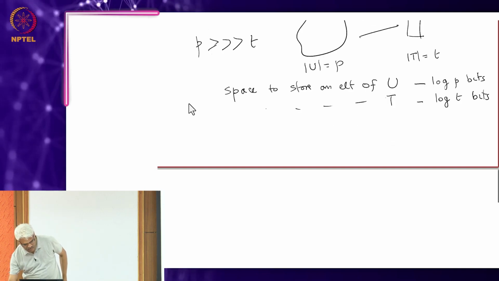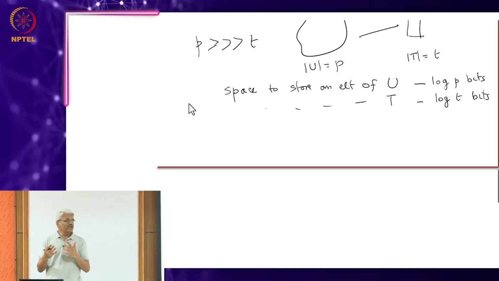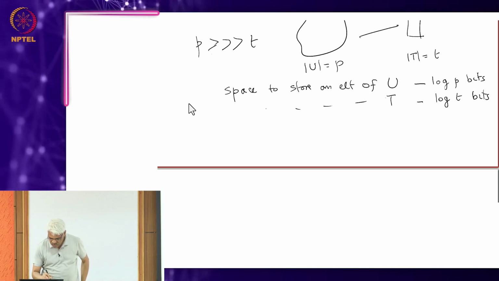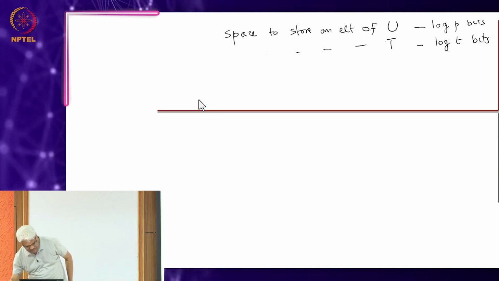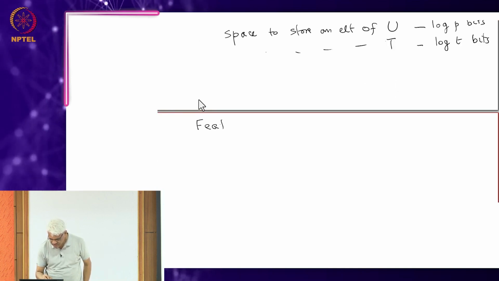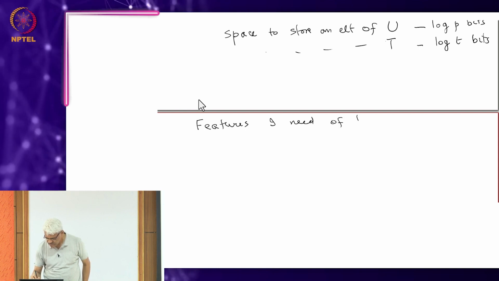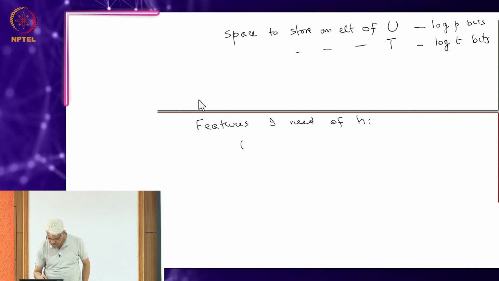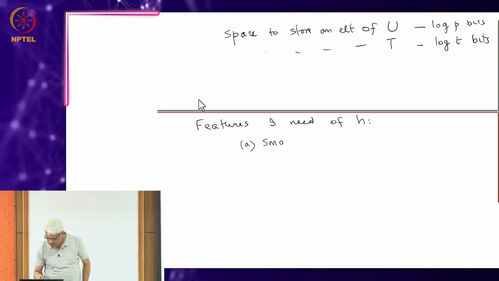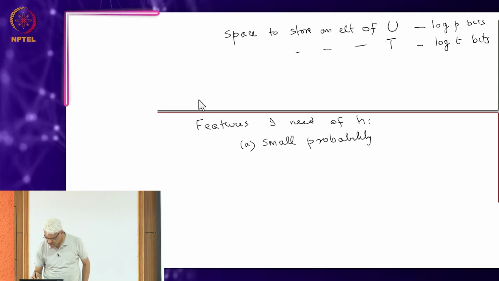So now let's talk about what are the good things I want of this h function. Some features I need of h. A small probability of multiple elements getting mapped to the same element.